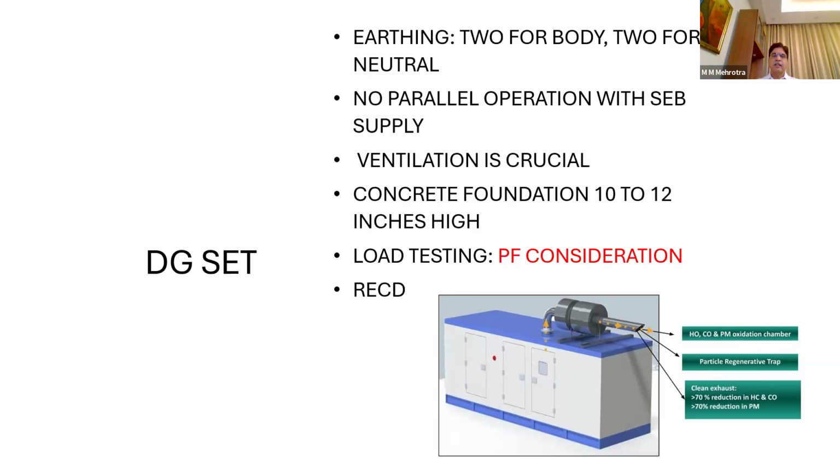Now, nowadays no generator comes bare. They are always inside this acoustic enclosure, right? And even then ventilation is very crucial. Now I can keep this DG set outside and open, or I can keep this in the basement of my building.